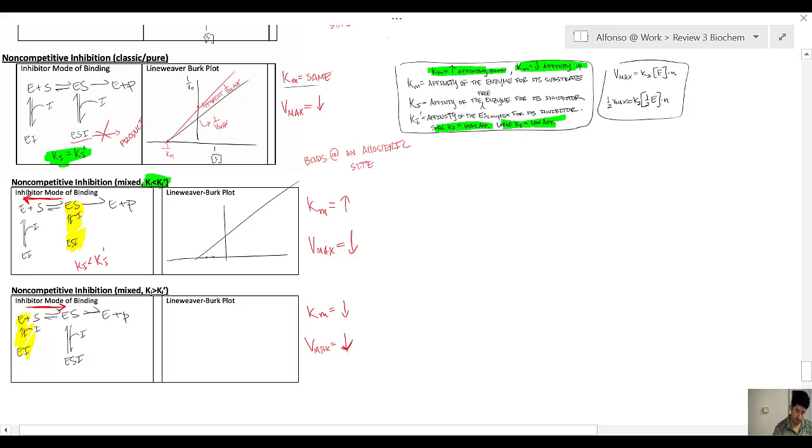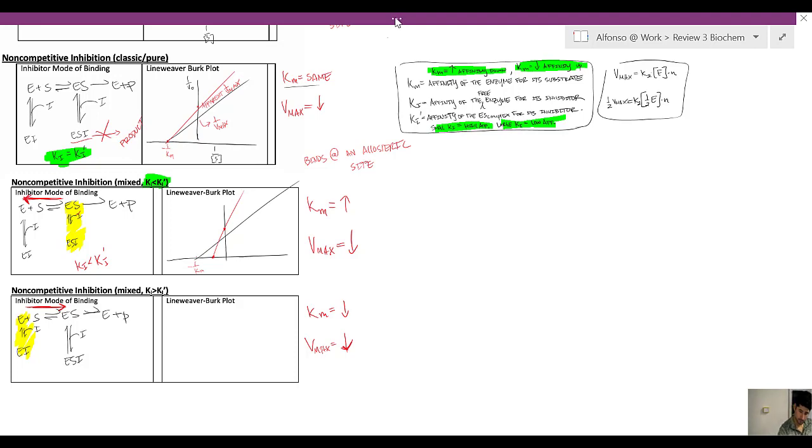So this is where the x-intercept is going to shift to the right, because the x-intercept is -1/Km, and if Km increases in the presence of an inhibitor, the reciprocal -1/Km has just decreased. And Vmax goes down, so if Vmax goes down, that means that the inverse has gone up. So this is what the graph will look like.